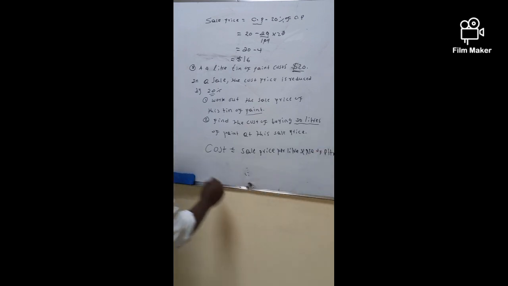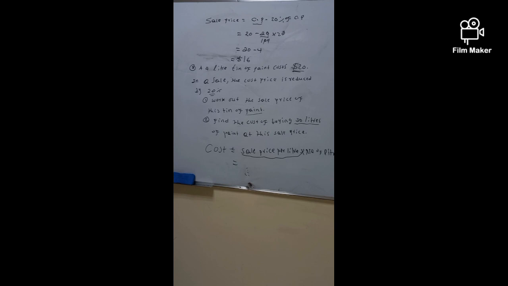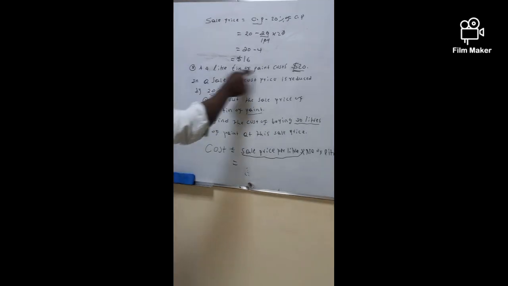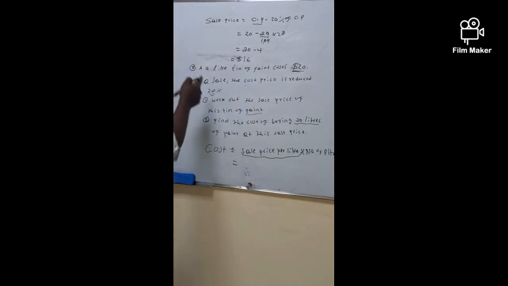Now what is the sale price per liter? The 4 liter tin of paint originally costs $20, so one liter is 20 divided by 4, that is 5.